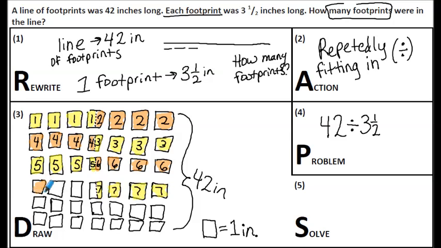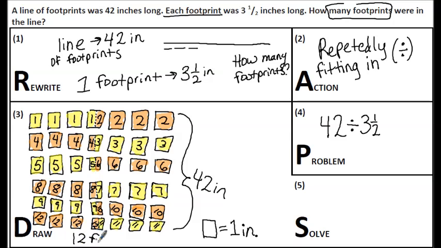So I'm seeing how many times that 3.5 inches will fit onto the 42 inches. I have my 9th set and I have my 10th set of 3.5. Then down here in the yellow I have my 11th set, and the orange is my 12th set. So it fits in perfectly 12 times.